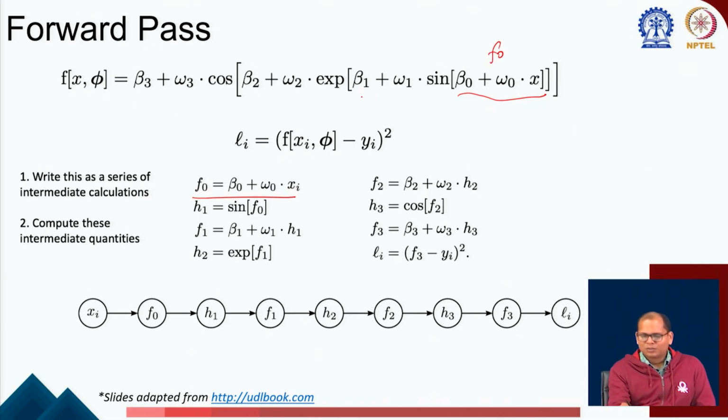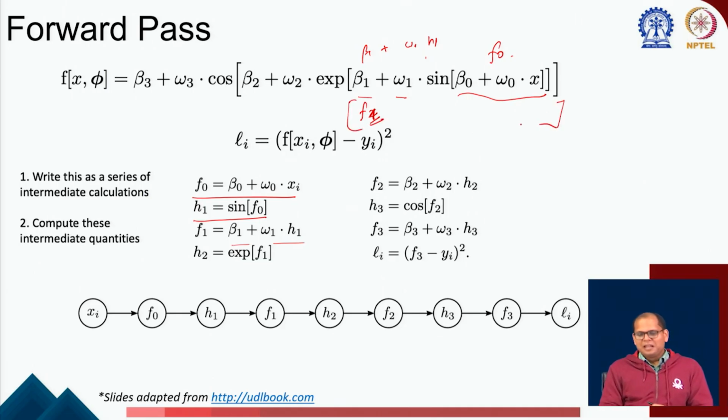Then this whole thing is beta 1 plus w 1 sine of f naught. I call sine of f naught h 1. So, now this becomes beta 1 plus w 1 h 1, and I call it f 1. So, f 1 is beta 1 plus w 1 h 1.